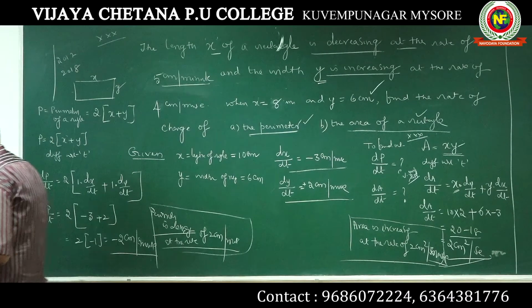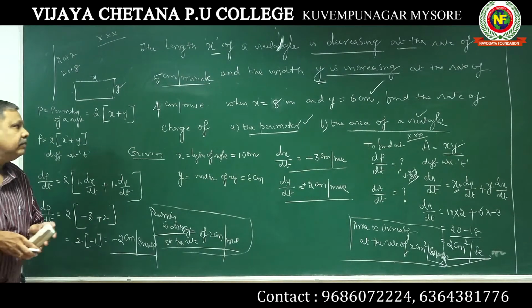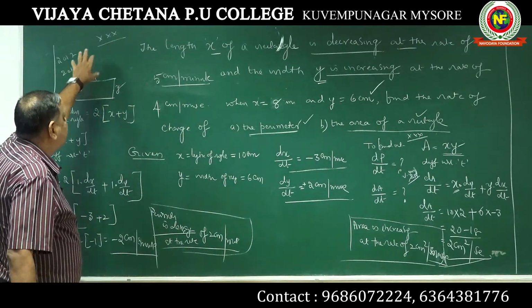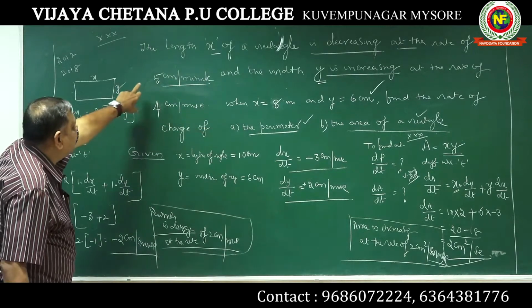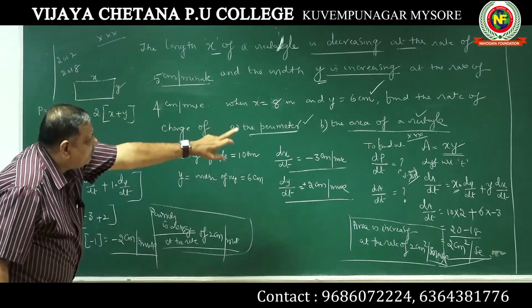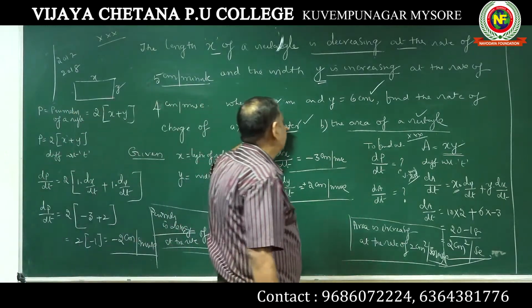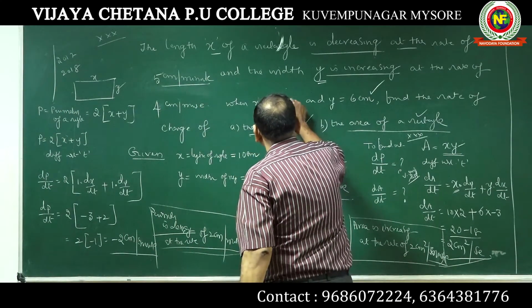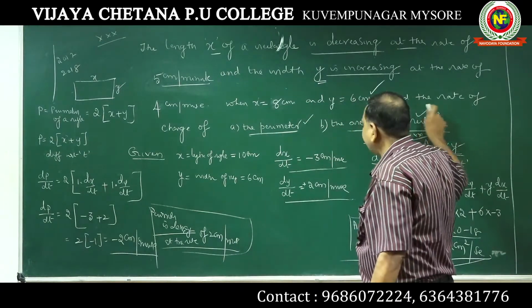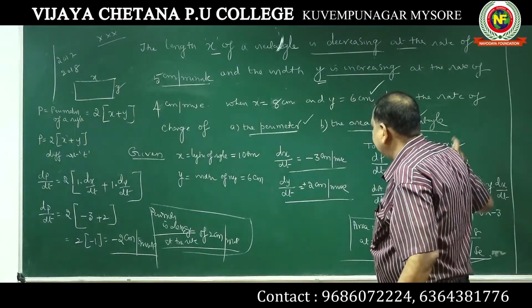Understood? Now we are changing the figures and we shall try to work out. The length x of a rectangle decreasing at the rate of 5 centimeter, width y is increasing at the rate of 4 centimeter, then x equal to 8 centimeter, y is 6 centimeter, find the rate of change of perimeter as well as area.